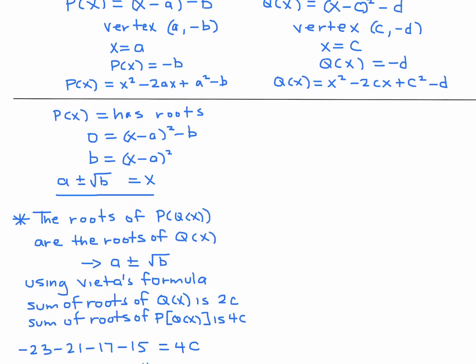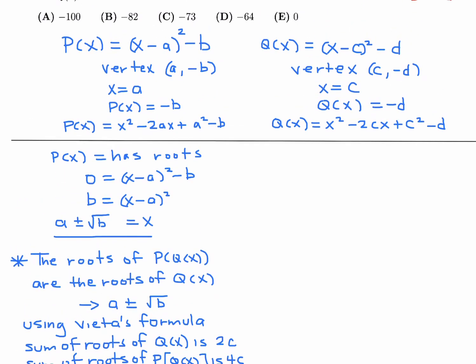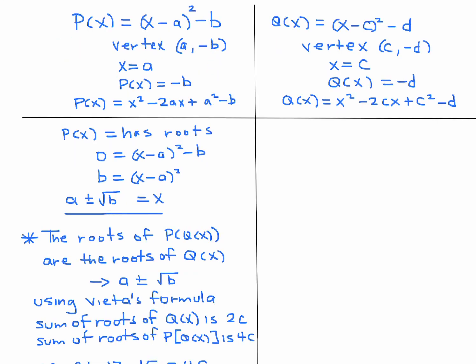And we have to now do the exact same thing for this scenario right here, and this scenario, combining those to figure out the numerical values here. So, in a very similar way, q at x, which is obviously equal to x minus c squared minus d, we can figure out the roots here in terms of our letters by setting it equal to 0.